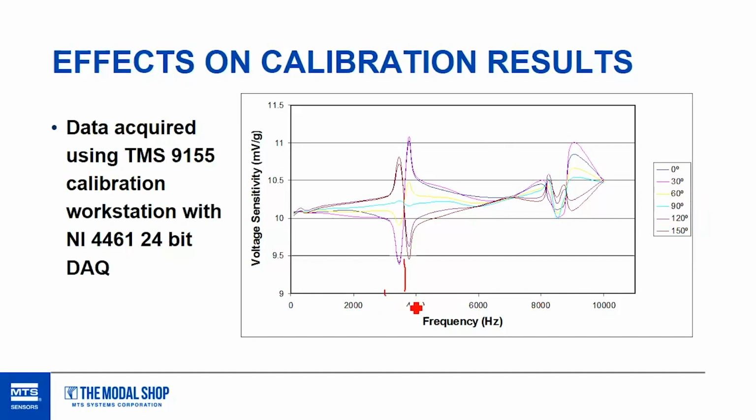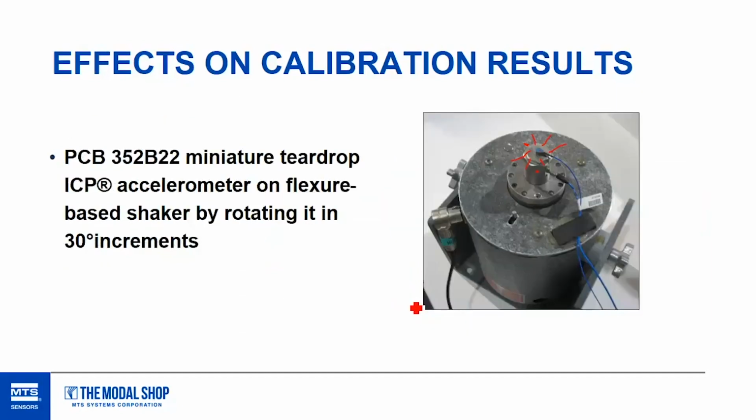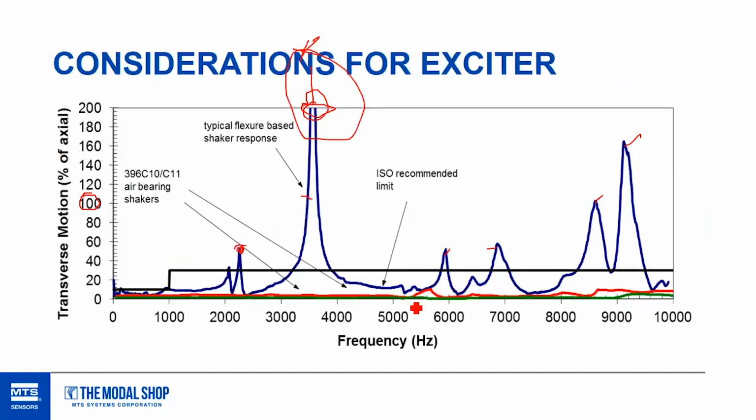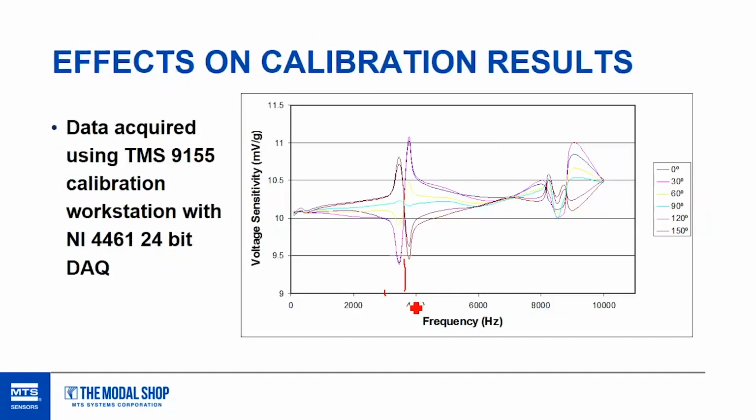We have a big variance in sensitivity reading, and 3,500 hertz, as we just saw before, is the point where we have that big flexure-induced transverse mode. So that transverse motion is being picked up on the accelerometer and producing much higher output.